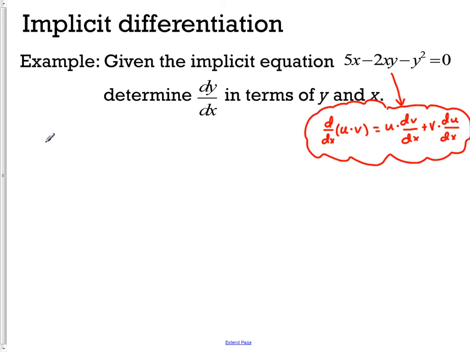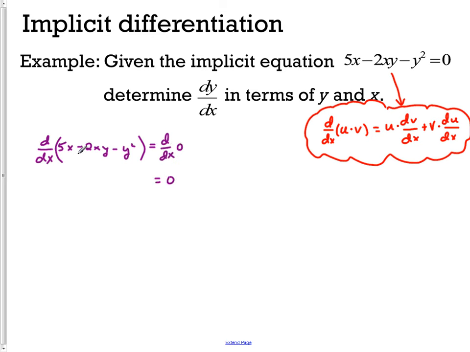We've got our derivative with respect to x of the quantity 5x minus 2xy, there's where our product rule is going to be, minus y squared. So we want to take the derivative of all of that and set it equal to the derivative with respect to x of 0. Well, the derivative with respect to x of 0 is still going to be 0.